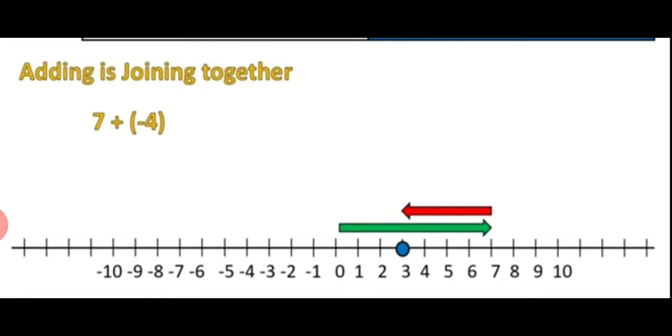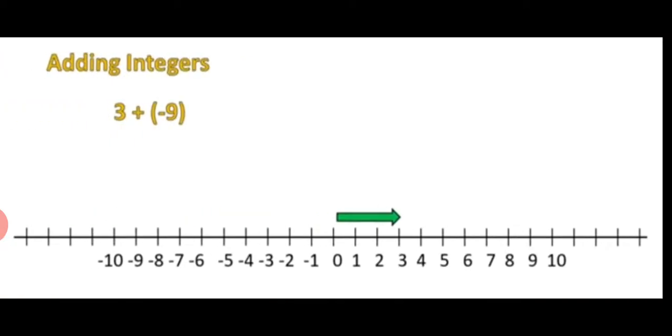Now coming to the third example, plus 3 plus -9. So plus 3 means we shall start from 0 towards the right side of 0 for 3 units. The green arrow indicates it. You all can see.